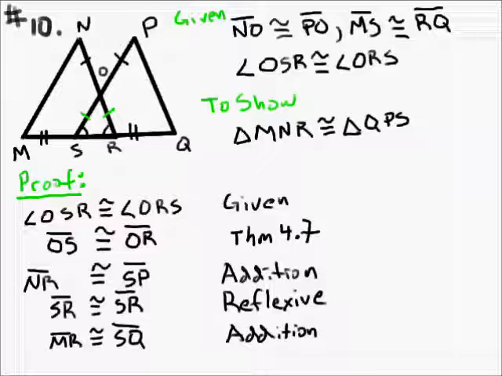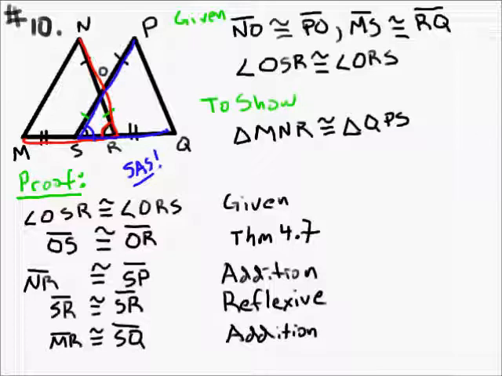I've got from here to here to here, including this angle, congruent to from here to here and that angle. That gives me SAS. That's very important.